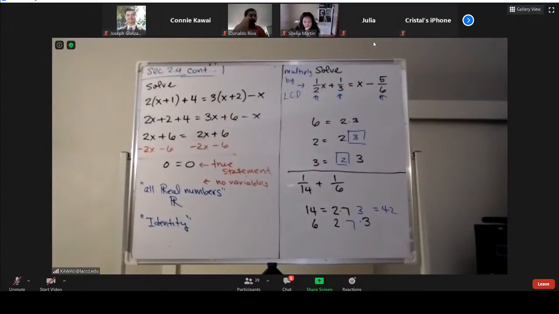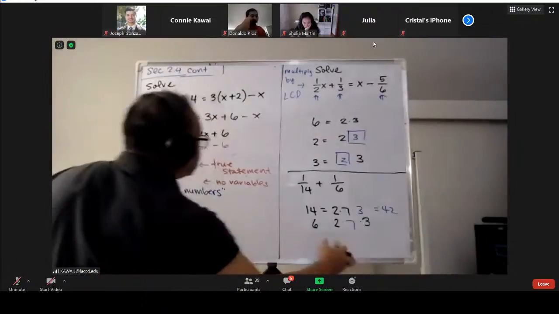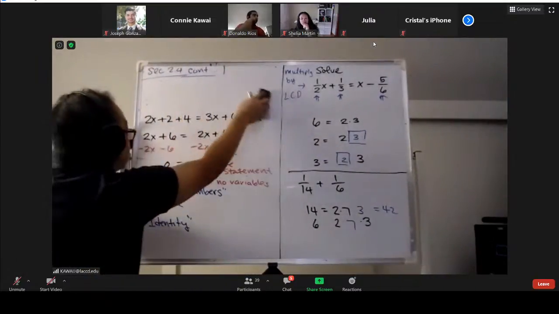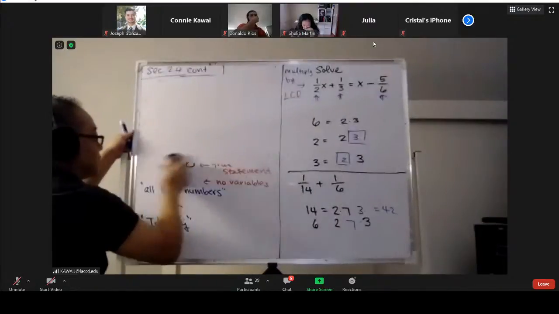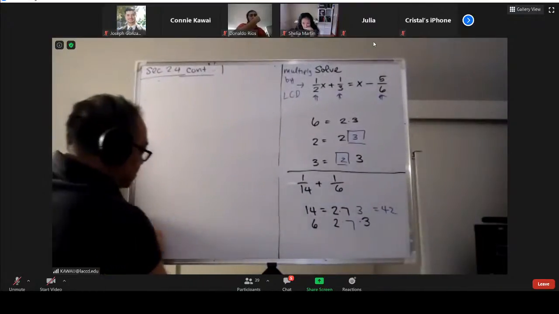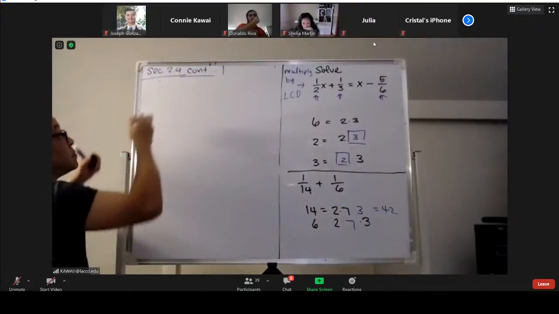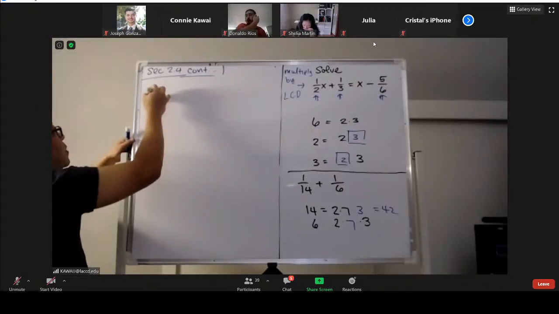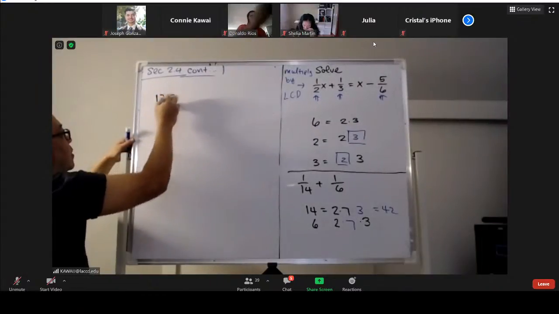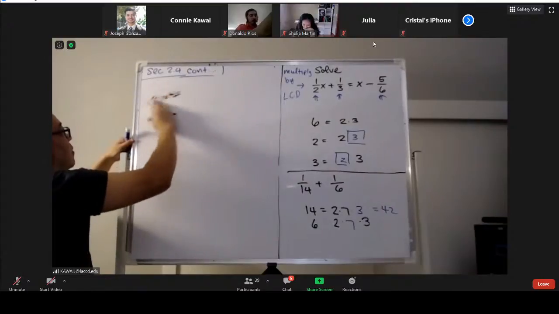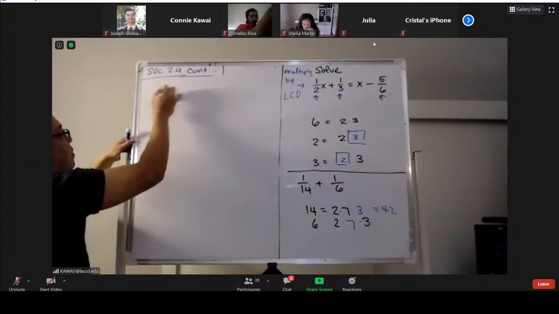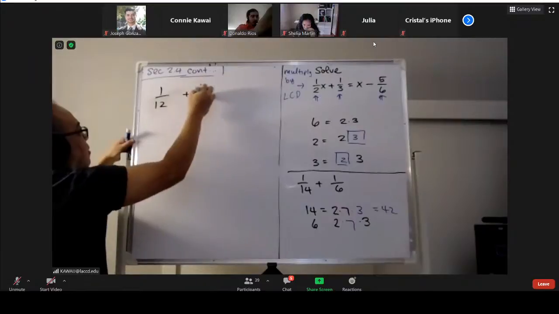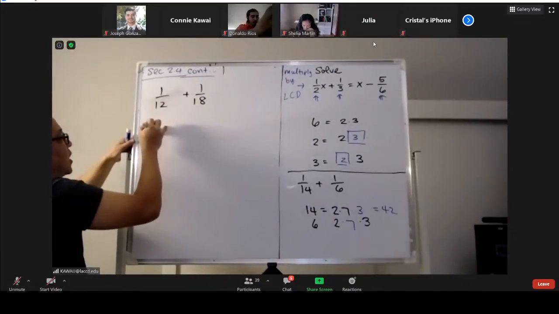Let's try that again. Let's try 12. Let's try 18. Okay. Find the lowest common denominator.